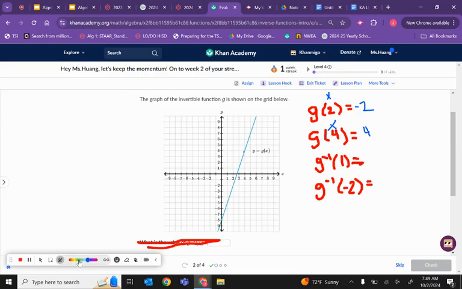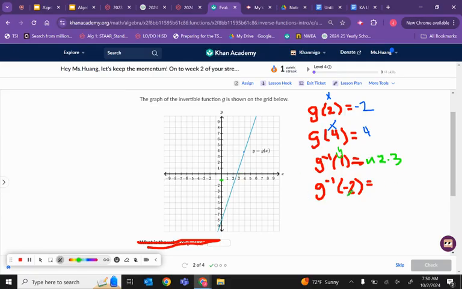Now when we get the opposite ones, when I have g inverse of negative 1, this is now a y. So I need to go to where my y is negative 1, and I need to go over, which looks like it's in between something, so I'm just going to call this about, that's what that squiggle is, 2.3. Because it's like right in between 2 and 3.